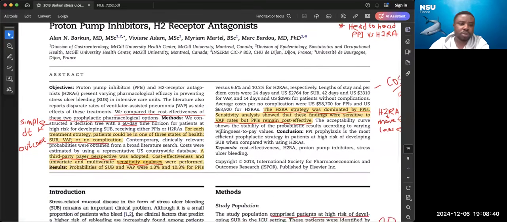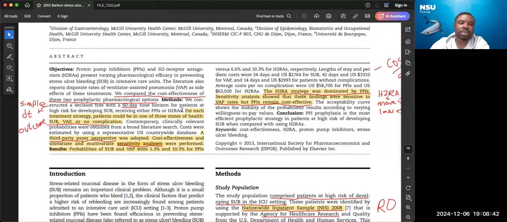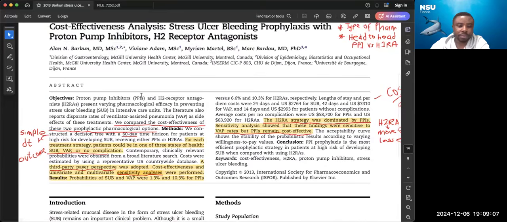In the abstract, you can see that I've underlined a few things. First, we look at the objective of this study, which was to compare the cost effectiveness of two prophylactic pharmacological options, the PPIs and the H2 arrays.